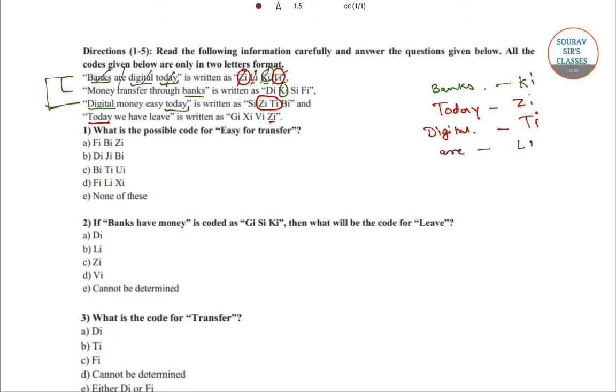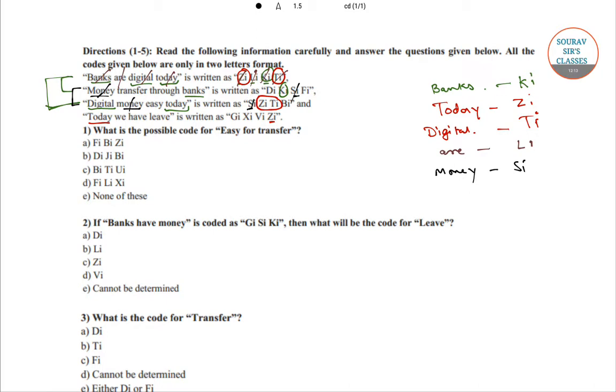Now next go to our second sentence. If we compare the second and the third sentence, we will see that the only word common is money, and the only code common is SI.